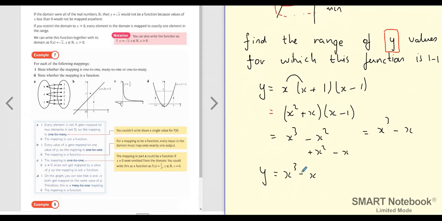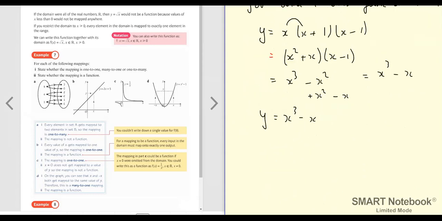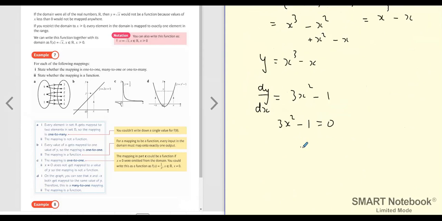And so now if we differentiate that, dy over dx equals 3x squared minus 1. And so now to find your stationary points or your turning points, we're going to make the gradient equal to 0. And from there we get x equals plus or minus root a third.